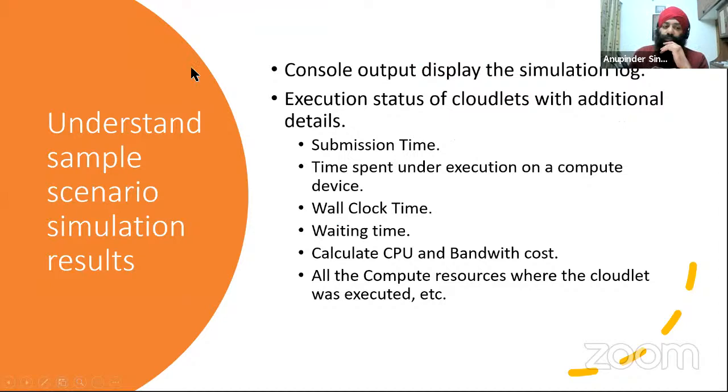Here, the very first point of the actual agenda is understanding the sample scenario results. The first thing you should understand is that when we run the example, an output is displayed on the console.